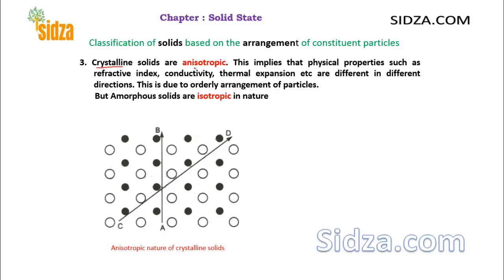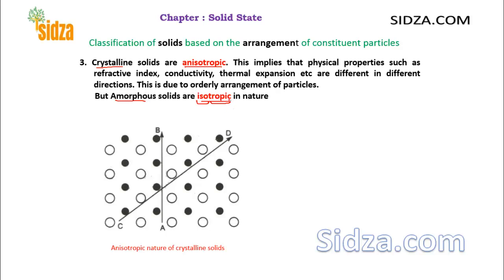Crystalline solids are anisotropic, whereas amorphous solids are isotropic. Means if you have an amorphous solid, it has the same physical properties in all the directions. Isotropic means the physical properties are the same in all the directions.